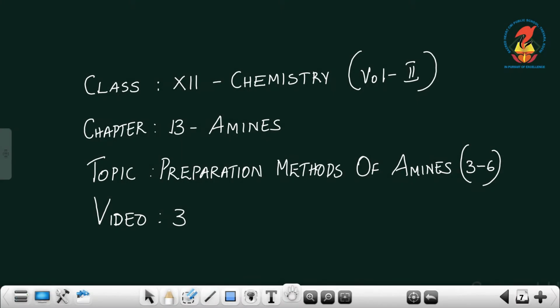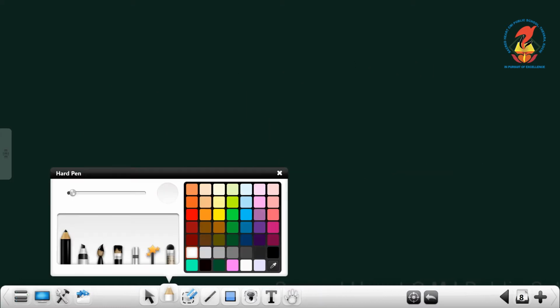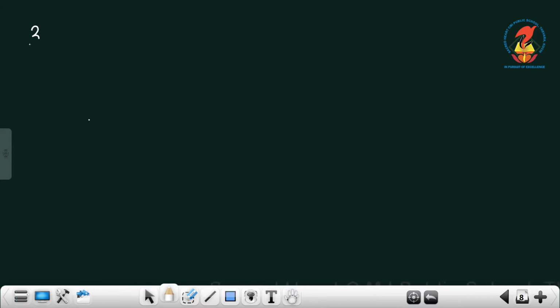Next we have the remaining preparation methods of amines. The third preparation method is by the reduction of nitriles or cyanides.